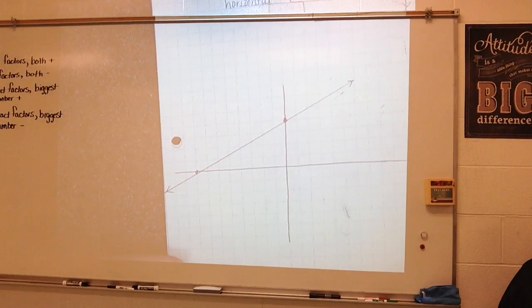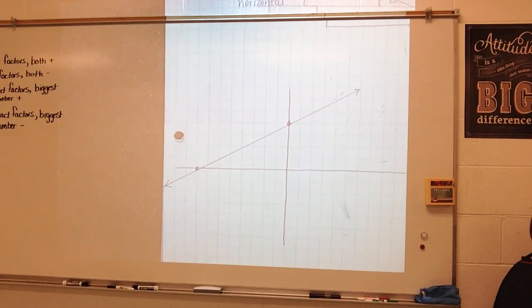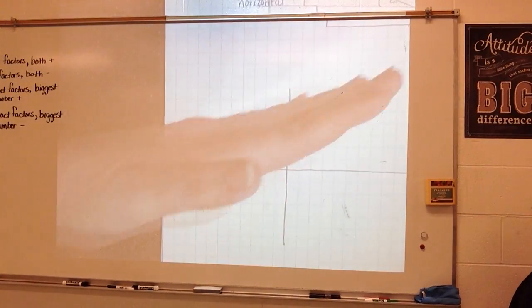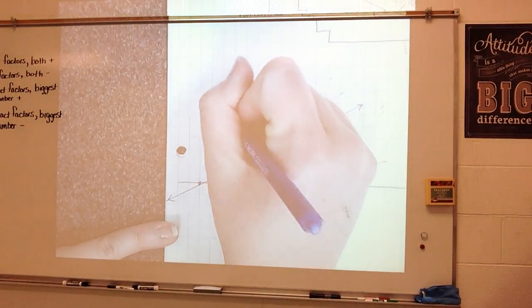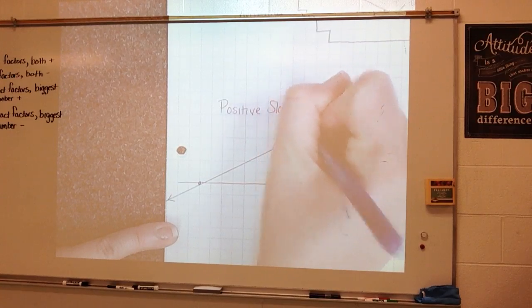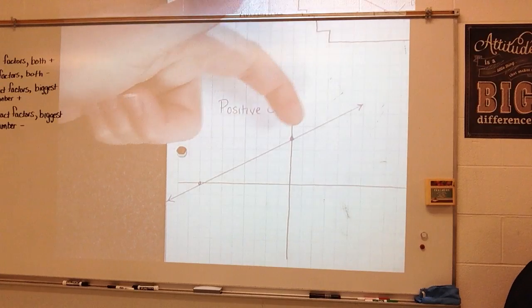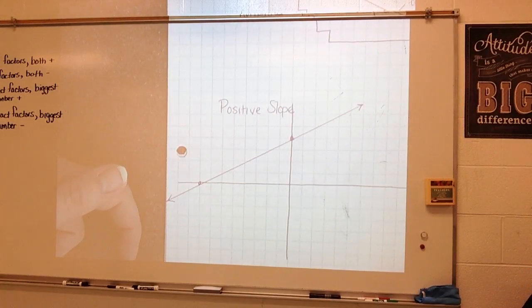Looking at this, what kind of slope do I have? I know nothing at all about this line that I just drew, except by the direction that it is traveling, I know that it has a positive slope. I also know that it does cross the x-axis.